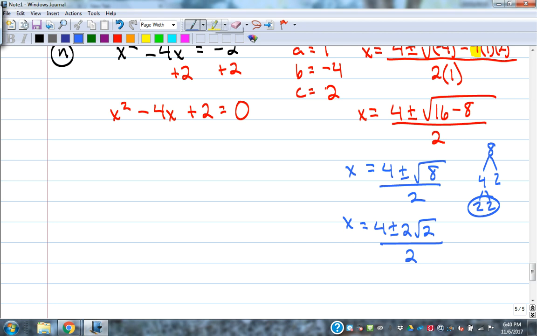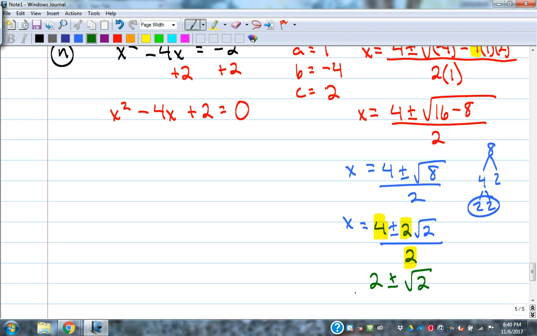What you do when you get to this step, you look at the numbers that are on the outside of the radical, or the outside of the square root, and you say, are they all divisible by something? In this case, they're all divisible by what? 2. Divide them all by that. So 4 divided by 2 is 2. 2 divided by 2 is 1, so that's 1 radical 2.